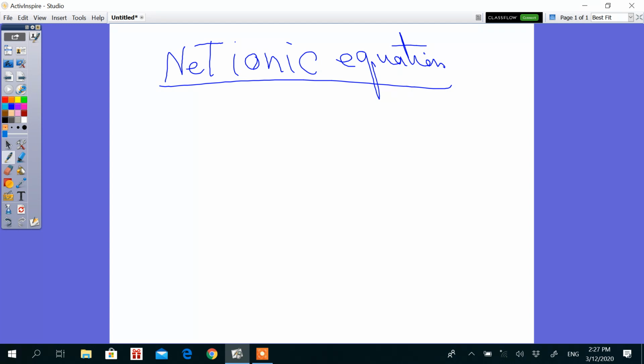Our net ionic equation, if I have AB as a compound react with CD, that is aqueous, and those are my aqueous compounds. And they produce A positive, B negative, C positive, D negative.